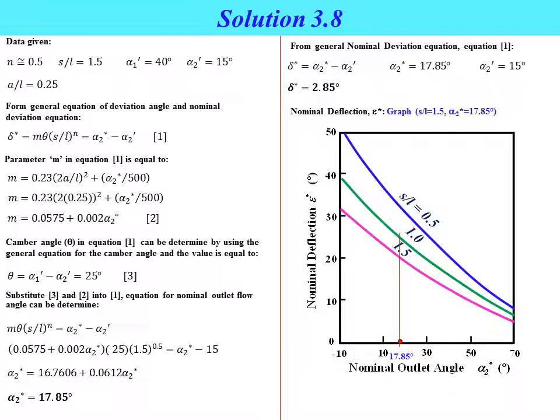Find the intersection between the vertical line at alpha 2 star of 17.85 and the line for s over l equal to 1.5. So we can get the nominal deflection from the graph, where the value of the nominal deflection angle is more or less equal to 20 degrees.